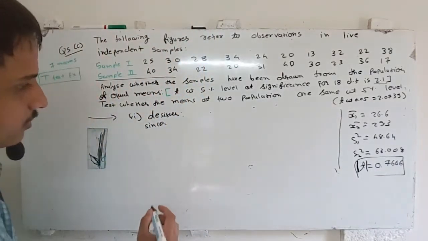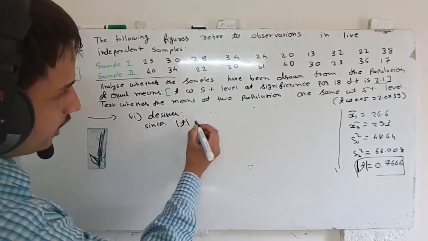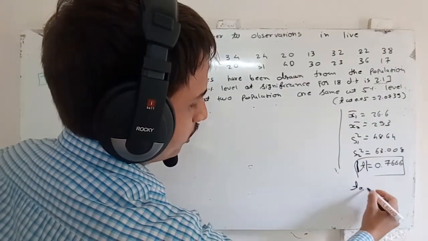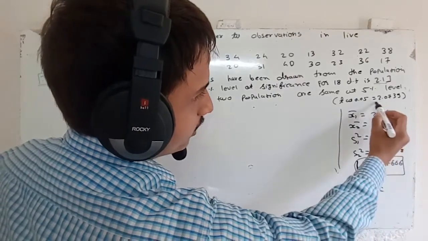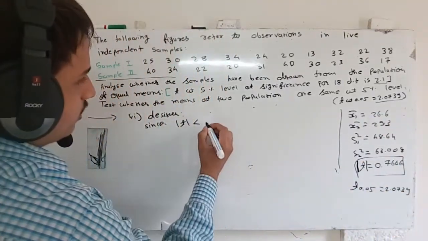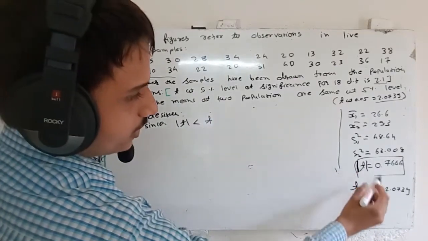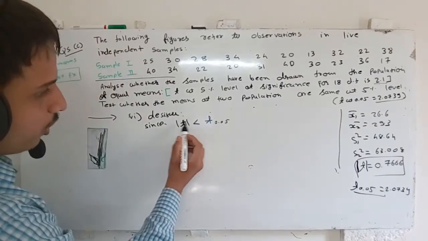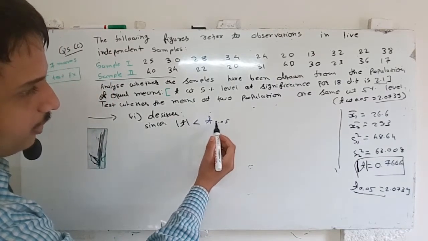So since mod t is less than t at 0.05, and t at 0.05 is given in the question as 2.0739, this value is less than this value.